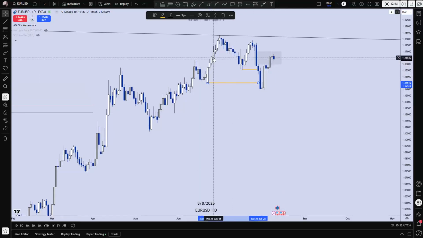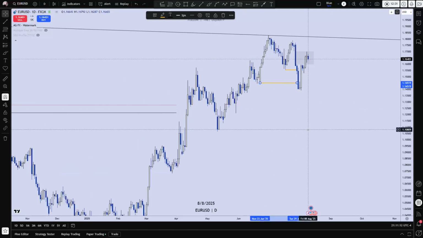Why is it more? Because this was the leg that established the high. This is the high of this bullish leg here. So once we break that, for me, is a more substantial break, and maybe the area where you would consider the change in the state of delivery.